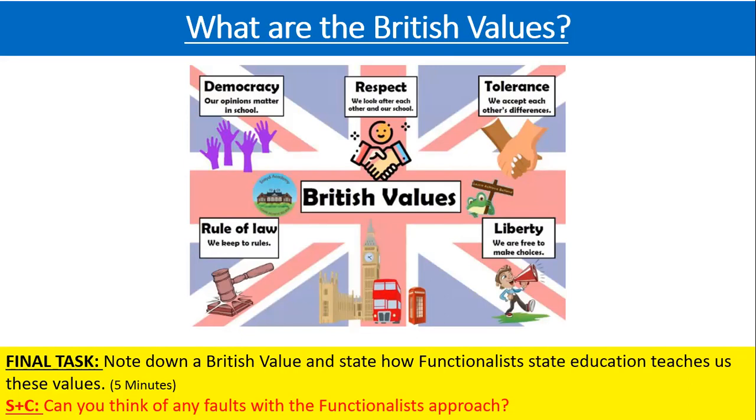It links into the idea of social solidarity, but these are also things that are going to help you in wider society. So it's that whole idea that school is that microcosm, remember, and we're learning these political values.